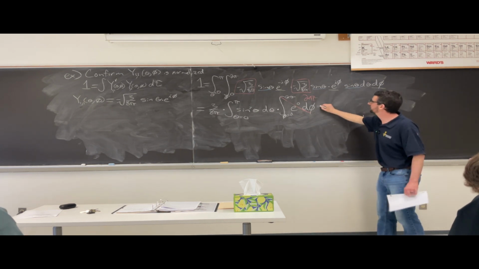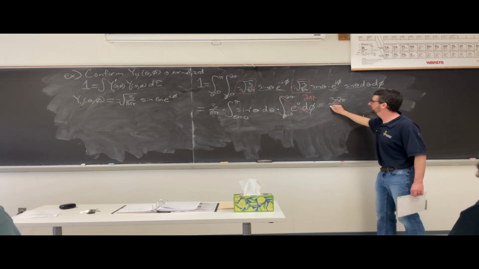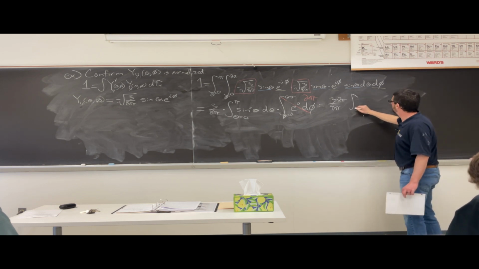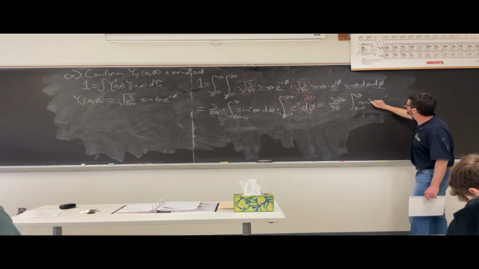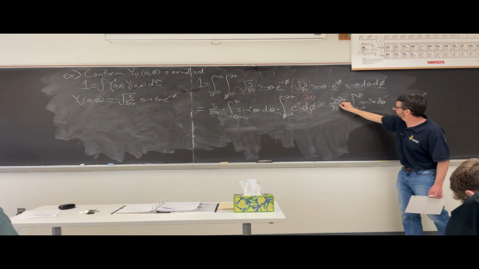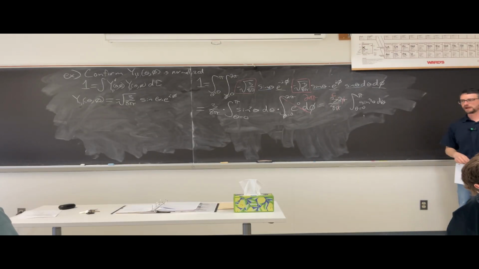So now we got 3 times 2 pi over 8 pi. Pi's are going to cancel. We get 6. What would you do next?